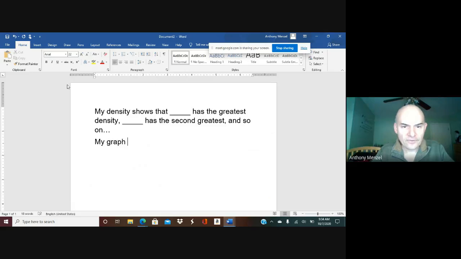My graph indicates that the following objects float: blank, blank, float, and blank sink in water.